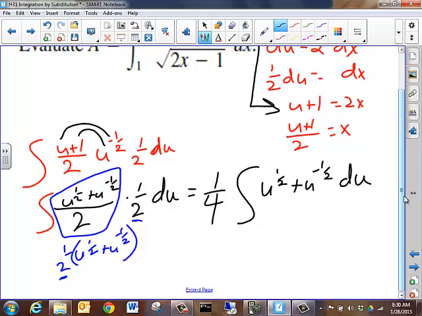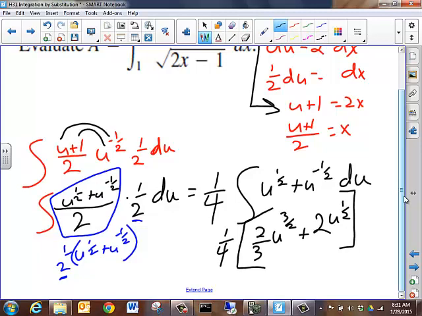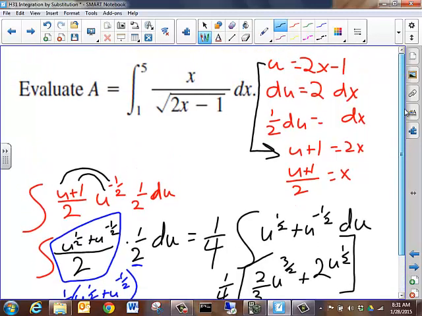All right, so now we should be able to integrate that. If we integrate u to the 1/2, we get u to the 3/2. So we get 2/3 u to the 3/2 plus, that'll be u to the 1/2, 2u to the 1/2. Remember, we've got a 1/4 out in front of all of that. And are we ready to evaluate it at 1 and 5 now?